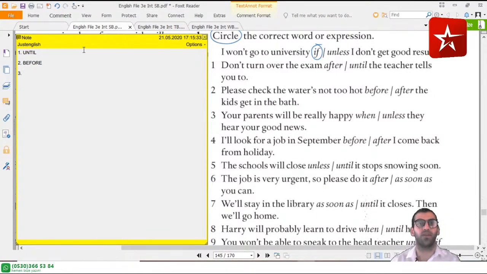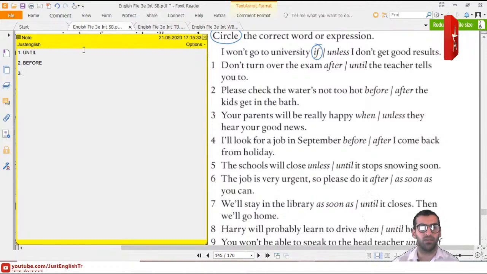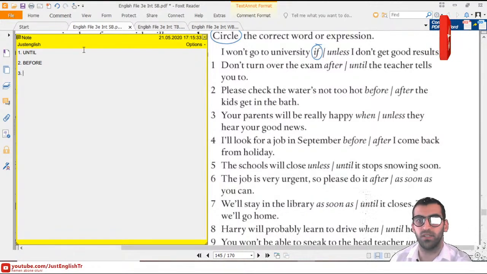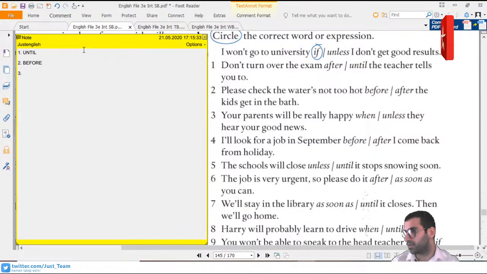What about number three? Your parents will be really happy when or unless they hear your good news. Alp, Lisa, Rana, Azime, Pelin, Arif, they say when is a correct answer.